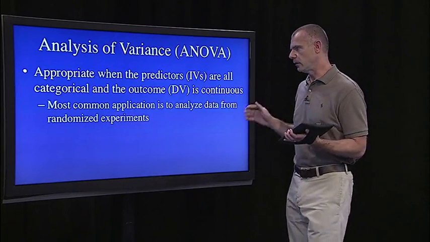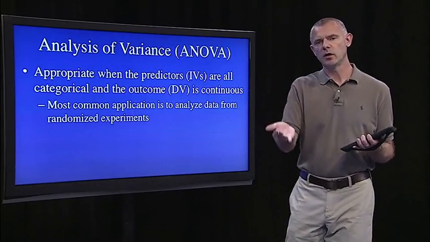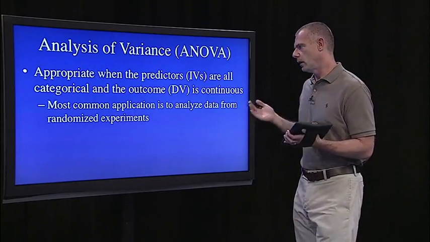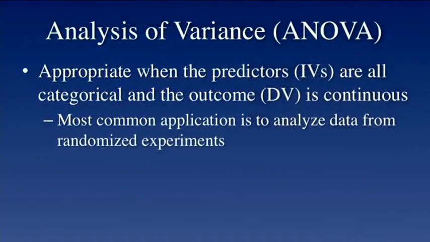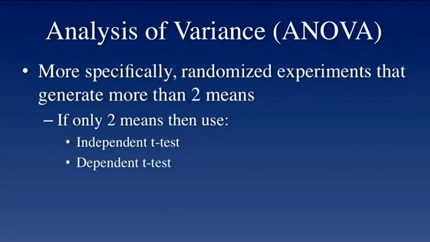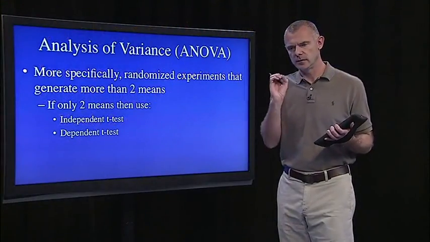So I've already said this, but just to be clear, we typically employ ANOVA for randomized controlled experiments. Again, discrete categories as predictors, and then still looking at a continuous dependent variable. If we only have 2 conditions, so again, go back to the first week of this course, and we talked about the polio vaccine studies.